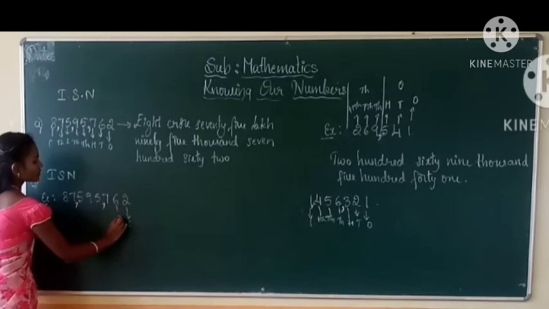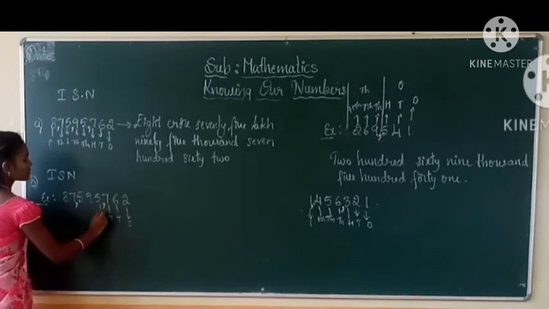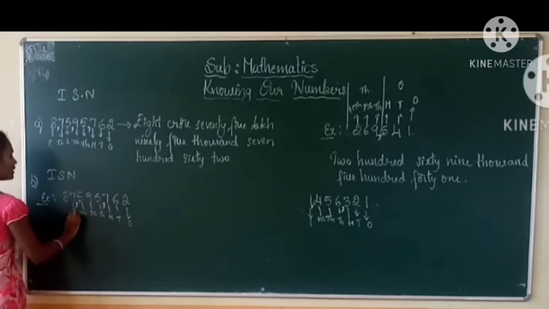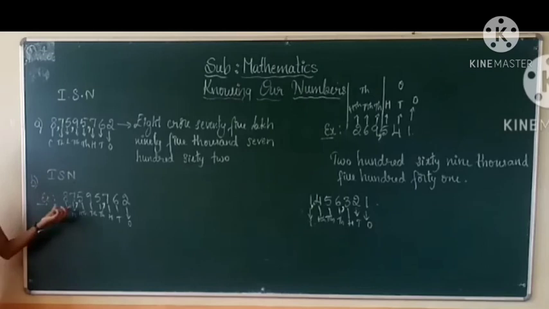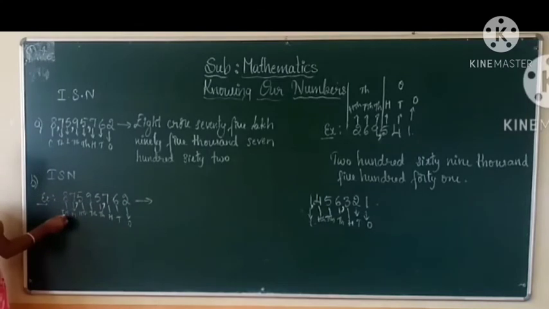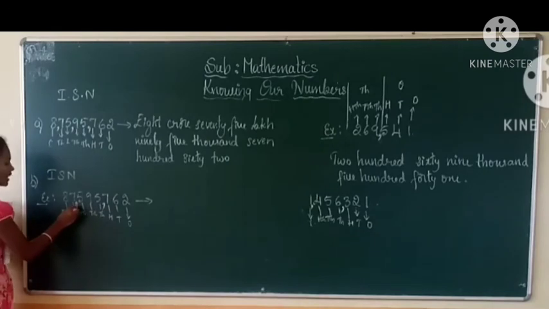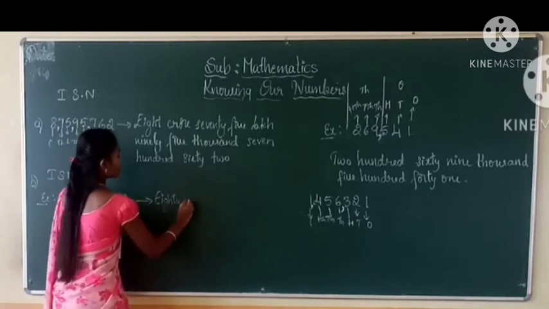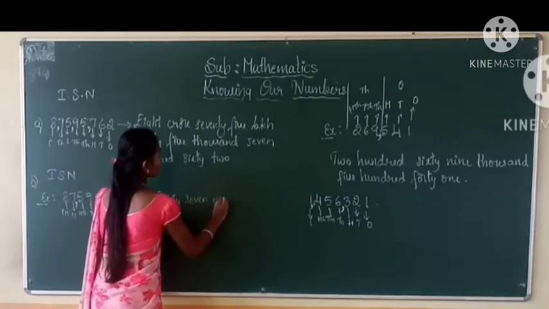Ones place, tens, hundreds, thousands, 10,000, 100,000, million, and it is 10 million. It is according to the International System of Numeration. So we know that 8 is in 10 million place and 7 is in million place. Therefore, it is 87 million.